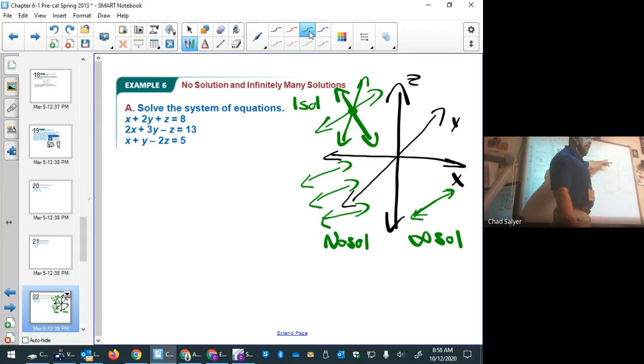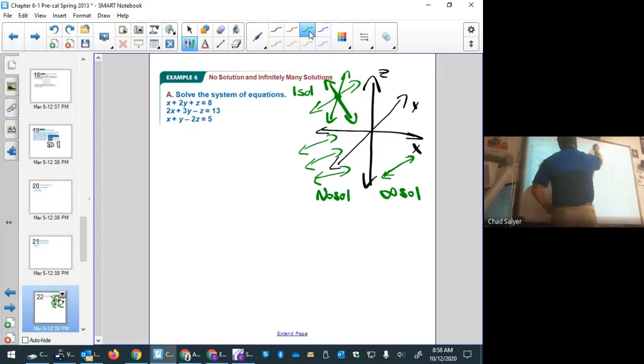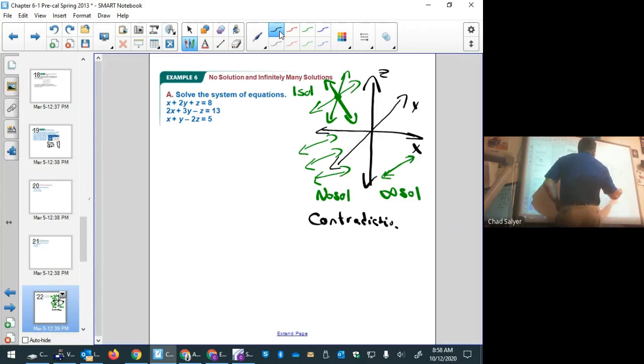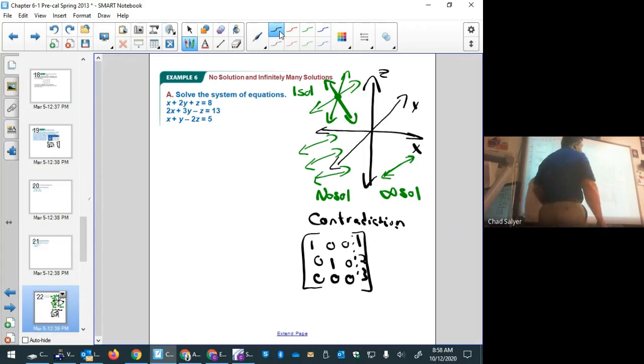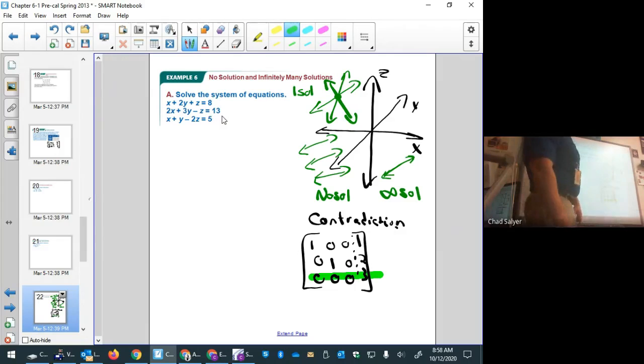You've seen what this looks like on your calculator. What the no solution looks like is the calculator will give you a contradiction. So it'll tell you something that is impossible, and that usually comes in this form. You'll have a final row that is all zeros and then a constant. So what this is telling you is 0 is equal to 3. Not possible.